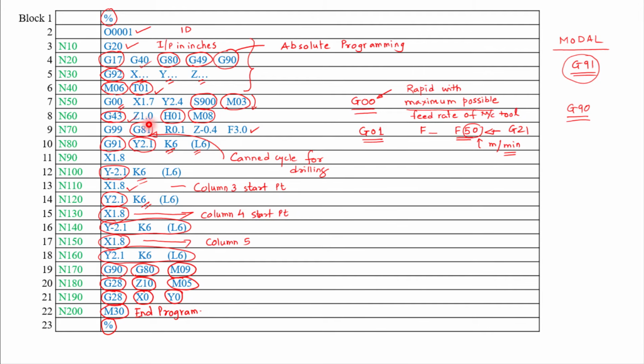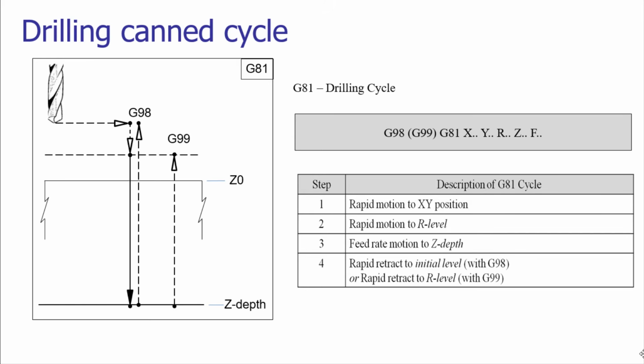After reaching the reference Z position, we have to carry out the drilling operation. To carry out the drilling operation, we are using a cycle, the G81 cycle. In general, we are following the standard steps to drill the holes.